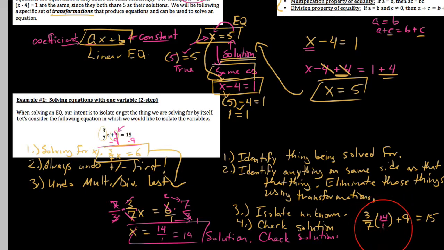Okay, and I'm going to put this 14 over 1, and the reason why is because I'm going to cross cancel these now. And I say, well, now 3 times 2 on top is 6. 1 times 1 on bottom is 1. 6 over 1 is 6. So 6 plus 9 equals 15. So this gives us 15 equals 15. So it must be a solution because it gave us a true statement when we substituted that back in. So that's how to solve a two-step equation.